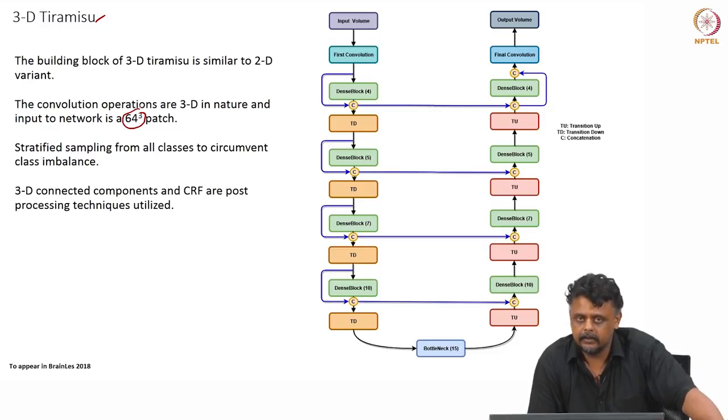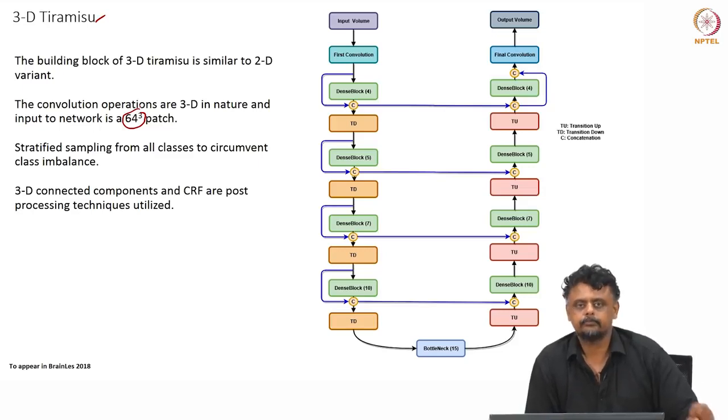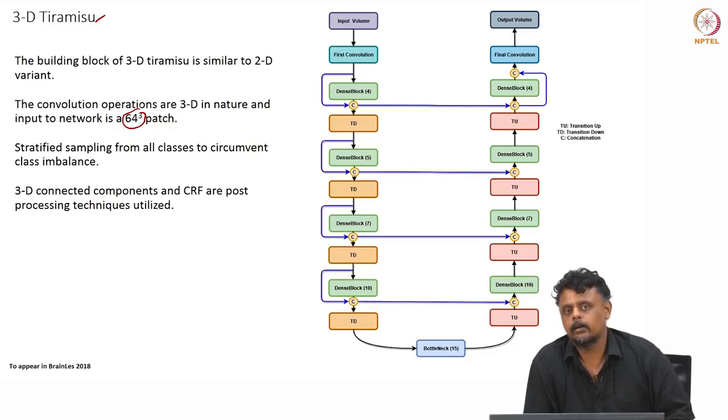So, for instance, you should make sure that the cubes you are sampling, or if you are doing a patch based approach where you are classifying the center pixel, then you should sample or do more data augmentation for the underrepresented classes and train the network accordingly.